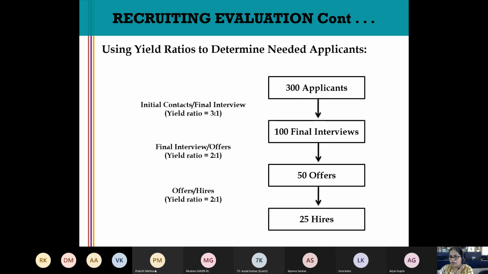And offers versus hires: actual hires were only 25. Though you offered them the job, people were not interested in your terms and conditions or the job profile. So only 25 people joined your organization. If you look at initial contact and actual hires made, there is a lot of difference.